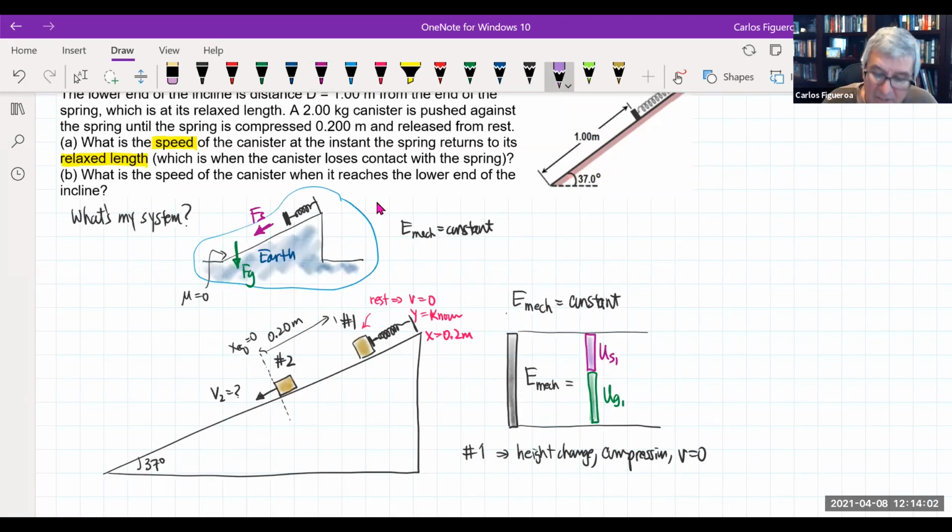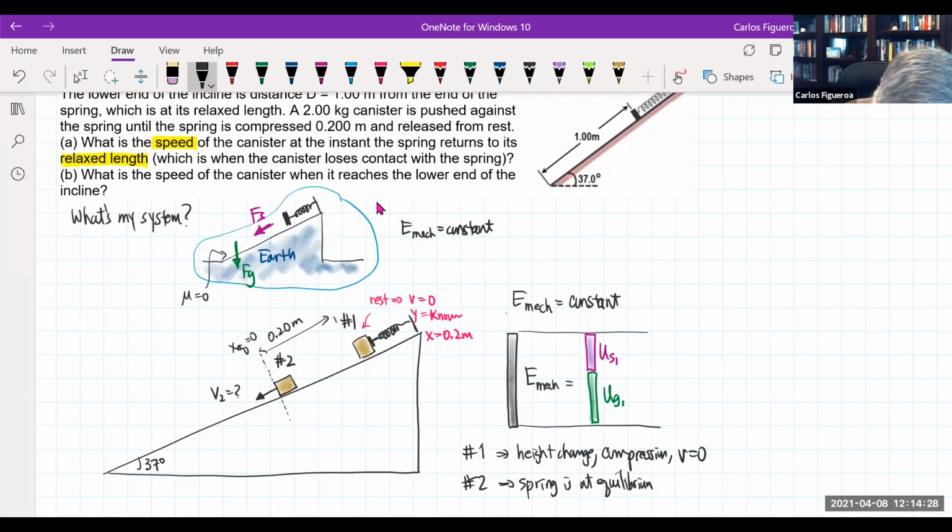So when the block slides all the way down and gets to the equilibrium point, the spring force is 0. So at point 2, the spring is at equilibrium, so I have no spring potential energy.